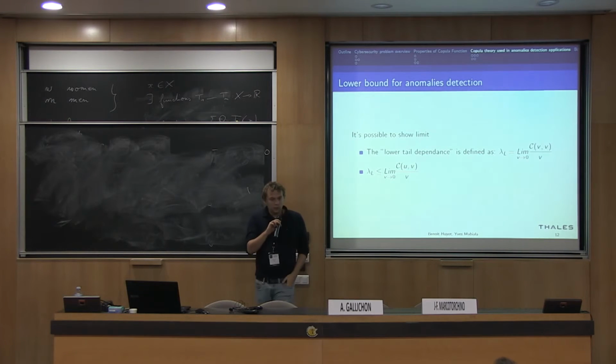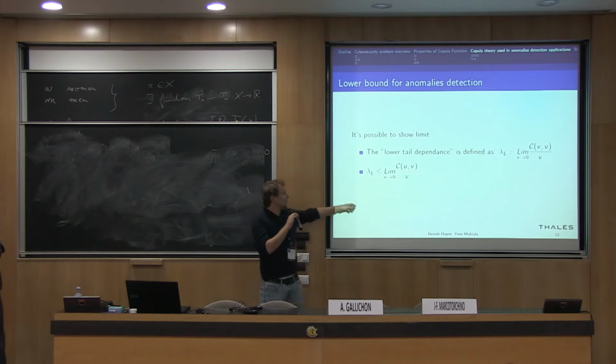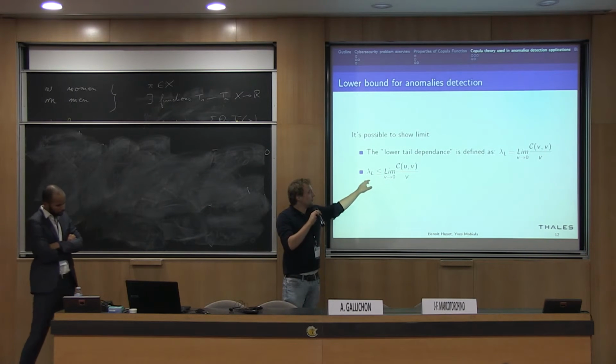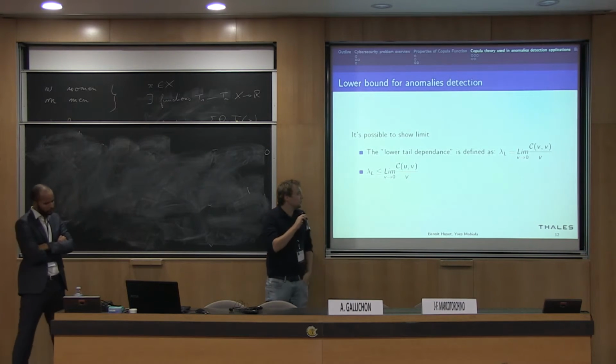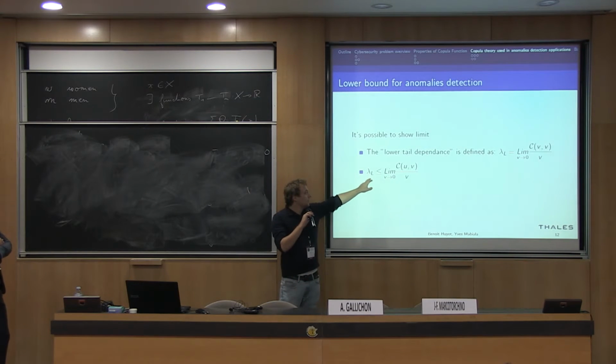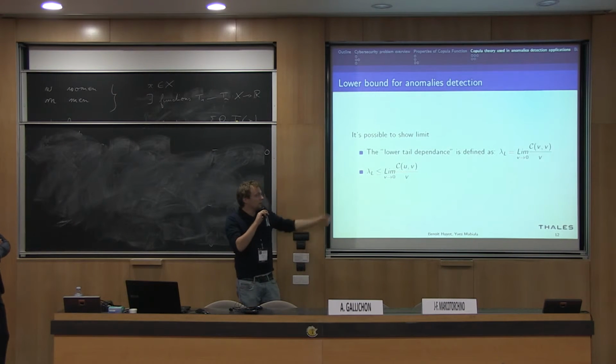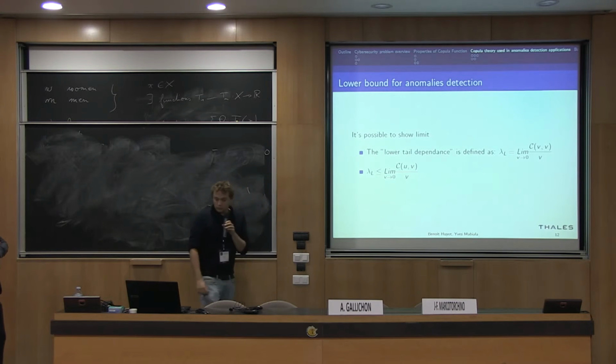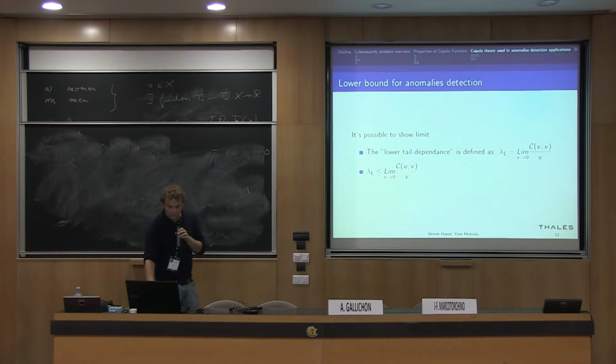So using the two-increasing property, it's possible to have these inequalities, and it's possible to show that if the lower tail dependence ratio is more than a half, it's possible to use this application to detect attacks.